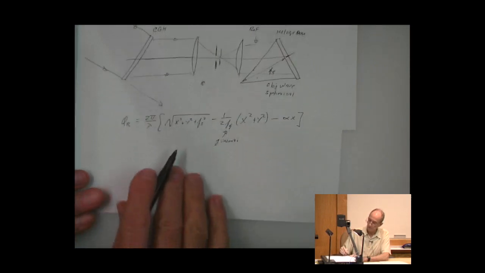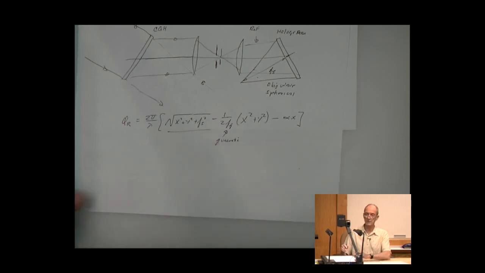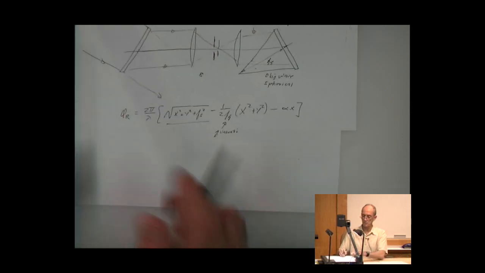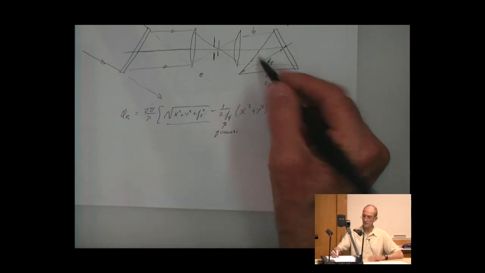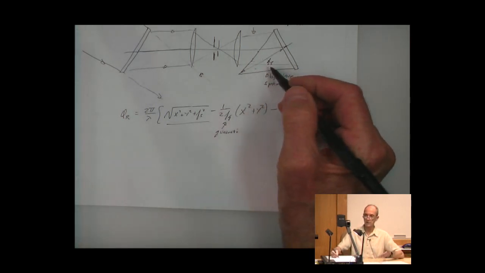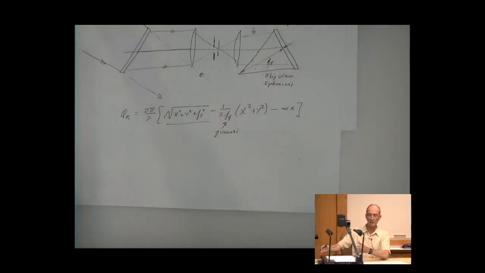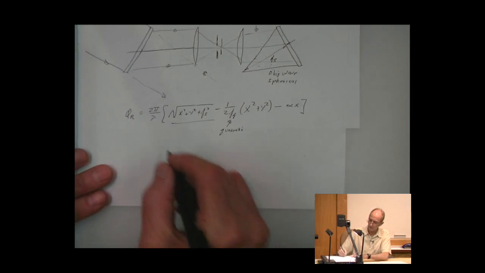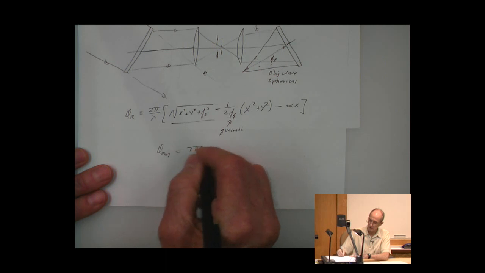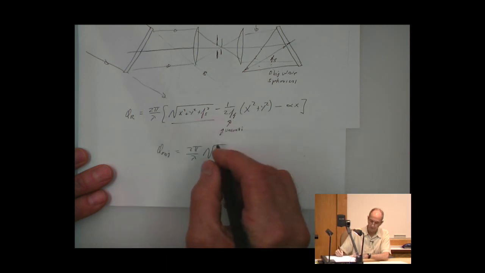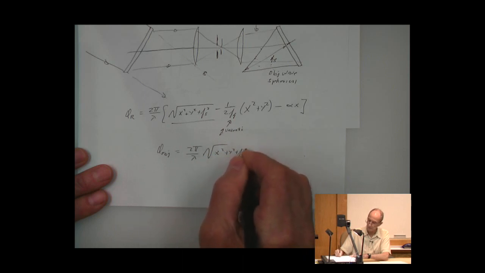All right. Now we're going to put in not only the quadratic in this CGH, but we're going to put a little bit of spherical in there too, because we want to eliminate the spherical wave out of it, and we only want to end up with the quadratic phase in this. Because the object field, phi object, is equal to 2 pi over lambda times the square root of x squared plus y squared plus fs squared.